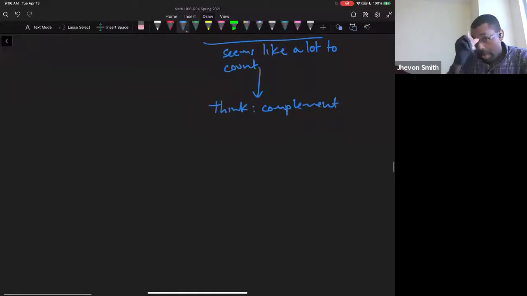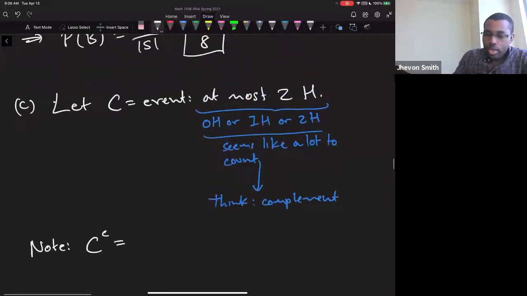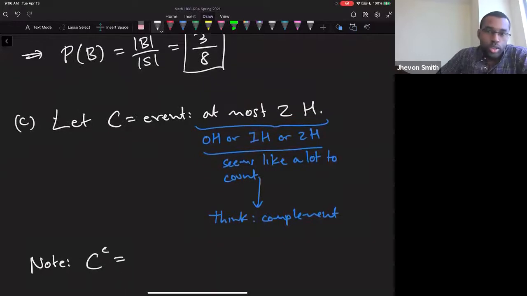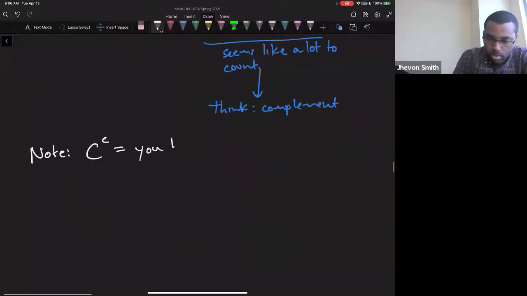And so now you start to think about C complement. Note, C complement means you don't have 0 or 1 or 2 heads. What is the only other option? 3 heads. There's no other option.